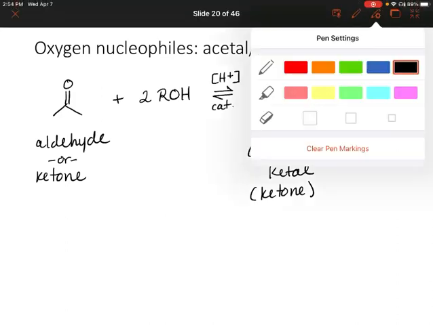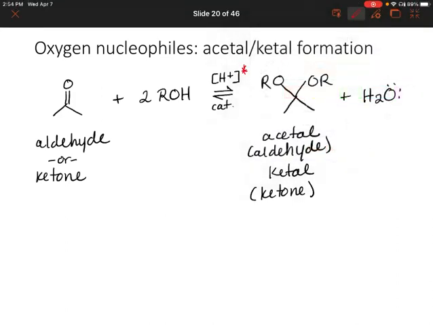Now, some of the acids that you could use for this reaction are sulfuric acid, phosphoric acid, or toluene sulfonic acid, which we can abbreviate TsOH.